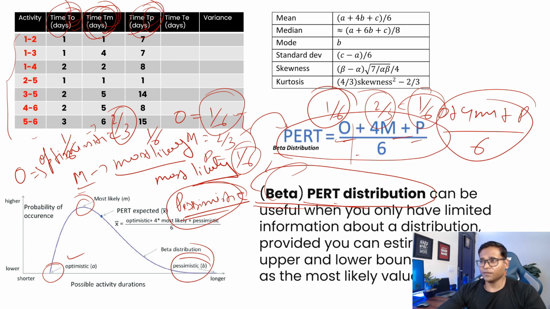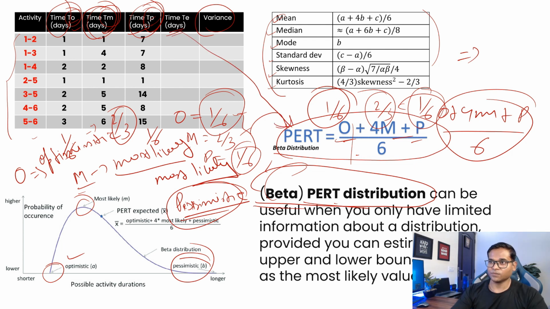Now if you see the various formulas, for the beta distribution there are formulas for mean, median, mode, standard deviation, skewness, and kurtosis. I'm not going into detail. This is all related to probability and statistics formulas. No need to go into much detail as far as the Pert CPM method is concerned. Only remember there is another column, which we will calculate using this formula, the Pert formula.